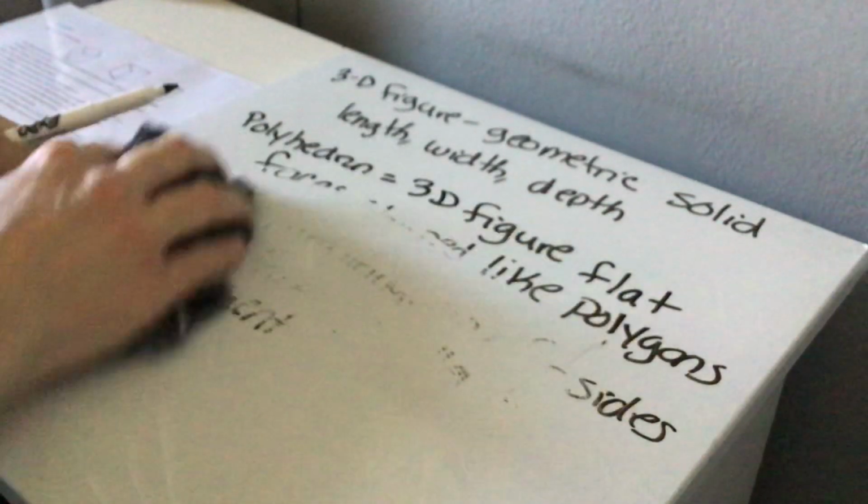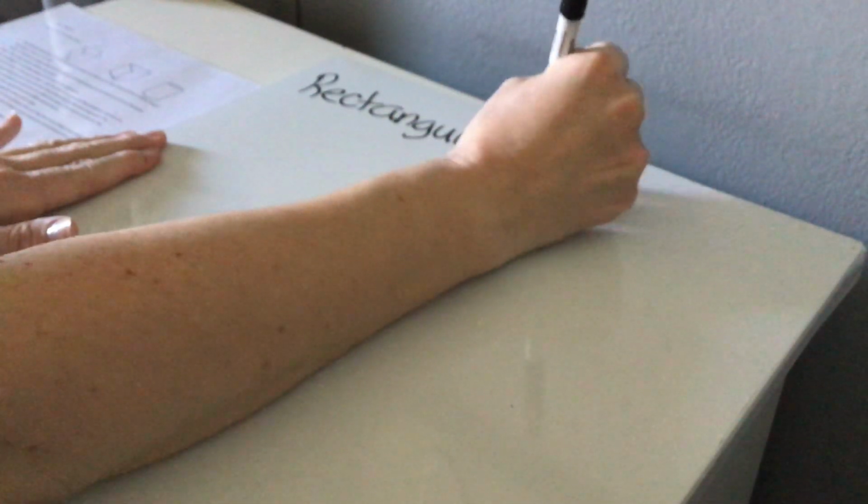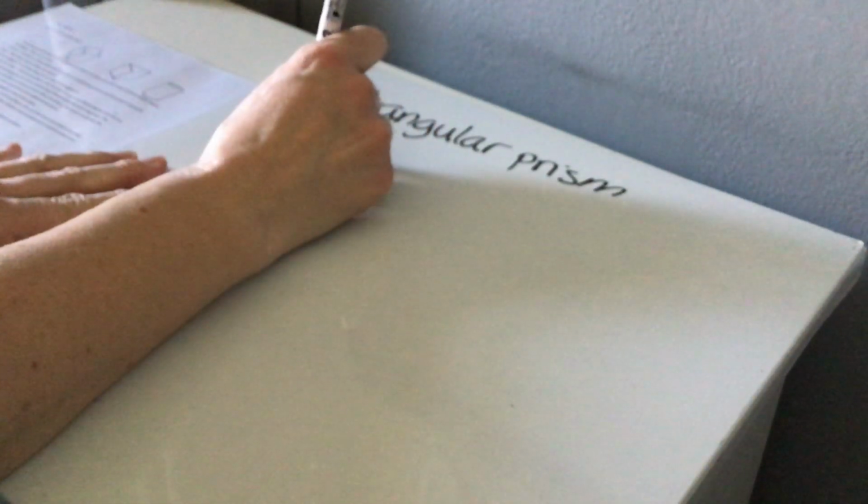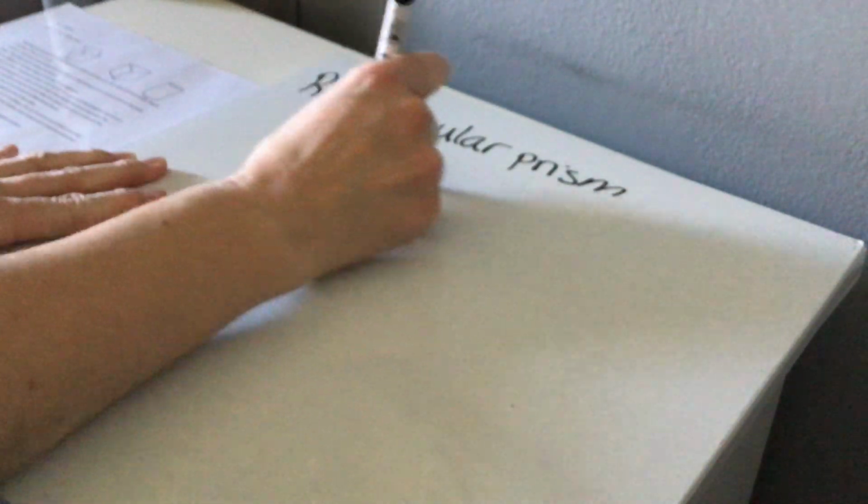All right. We name a prism by the shape of its base. So if you consider a rectangular prism, that means it's going to look like a box. Its bases are rectangles.